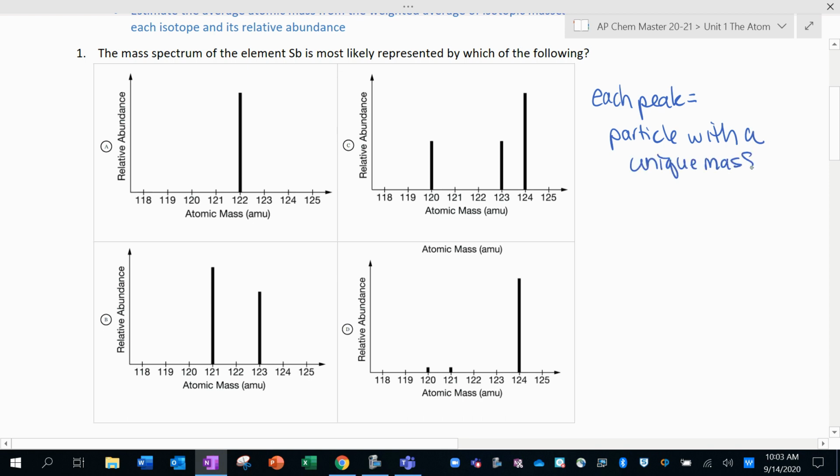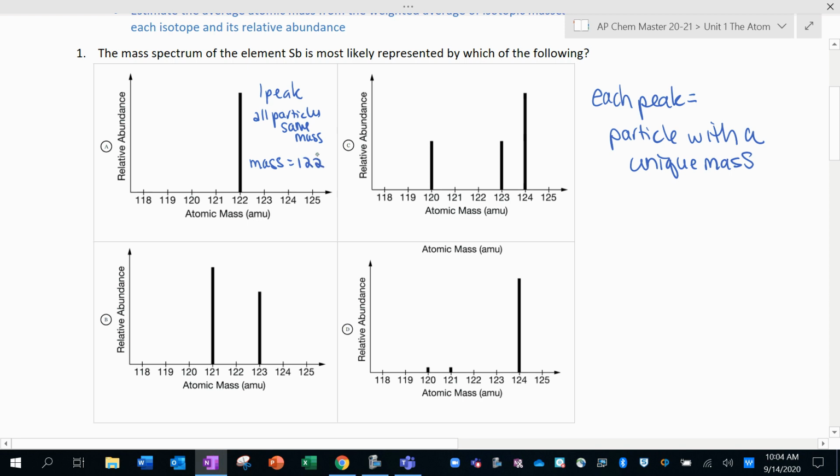For example, in sample A, there's only one peak. That would mean that all particles had the same mass, and that mass was exactly 122. So that's what that data is showing us.